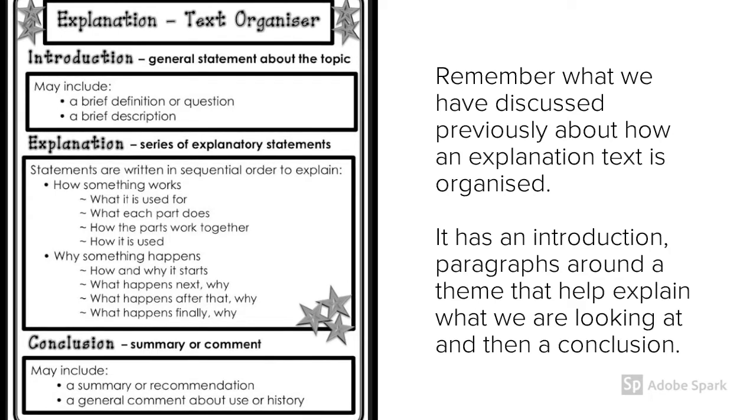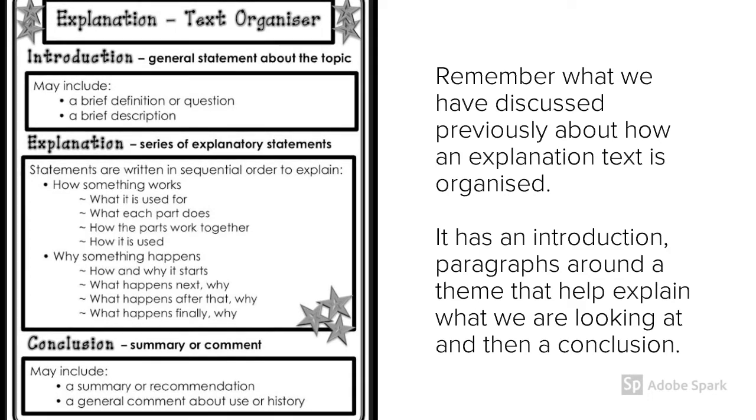So in our text map, it was a few lines that then linked all of the explanation text together, and it is usually a general comment about whatever we have been writing about.